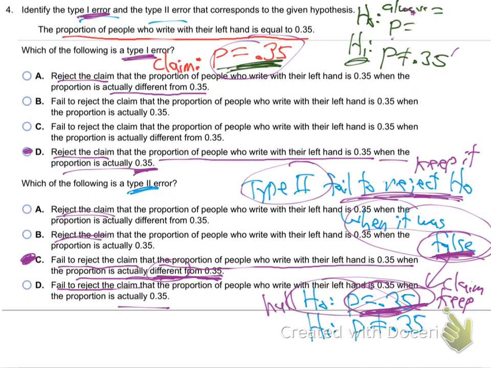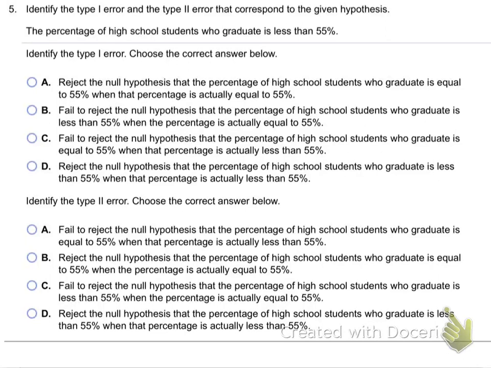Let's try another one of these. Okay, so here we are again with the type 1, type 2 error. The percentage of high school students who graduate is less than 55%. So we have a null and alternative hypothesis. Remember, the null up here is always equals.